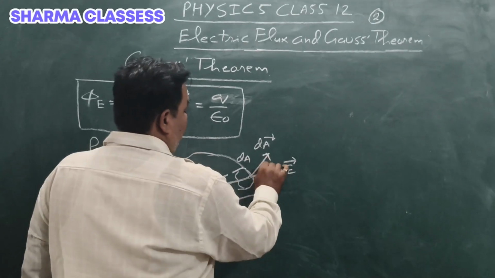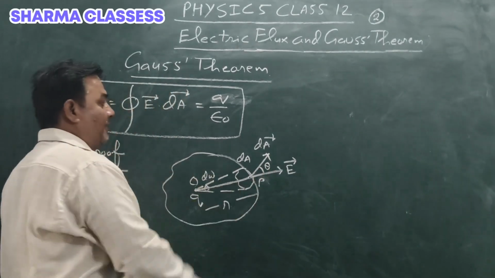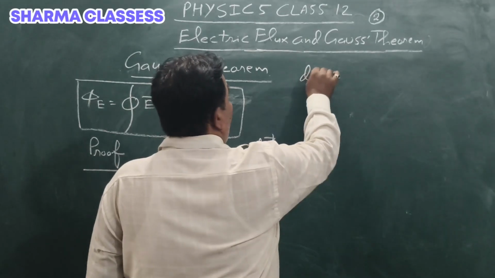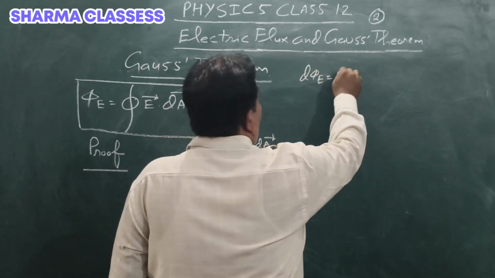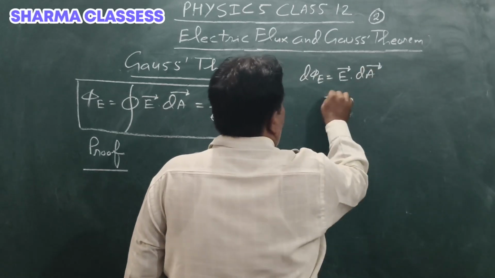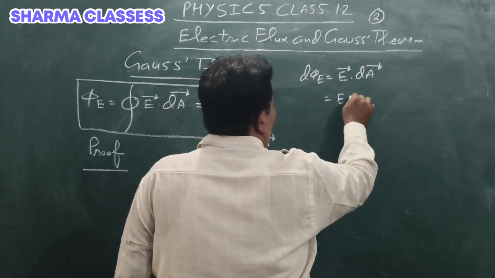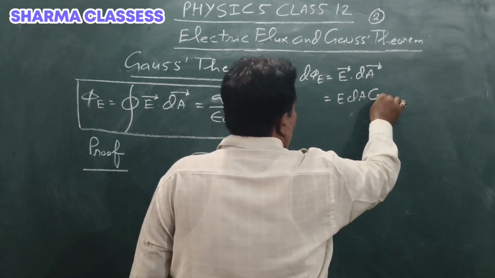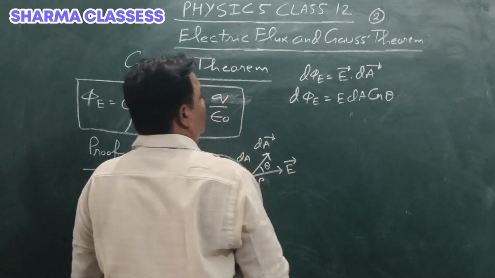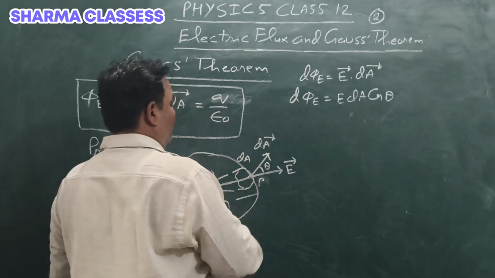Suppose this angle is theta. So the electric flux through this small surface is d phi E equal to E dot dA, which is E dA cos theta.